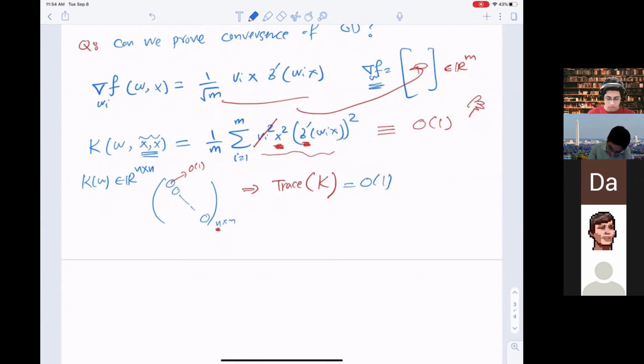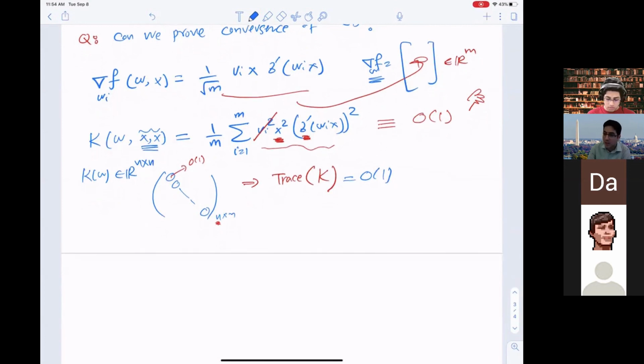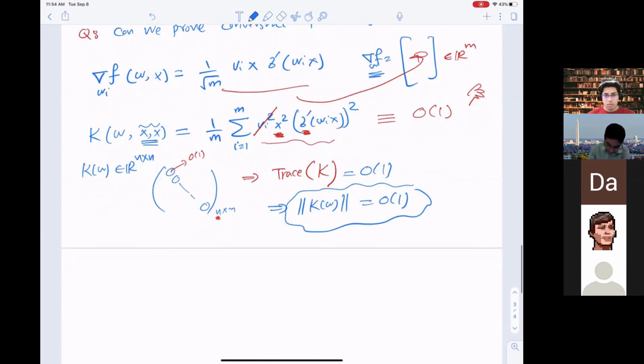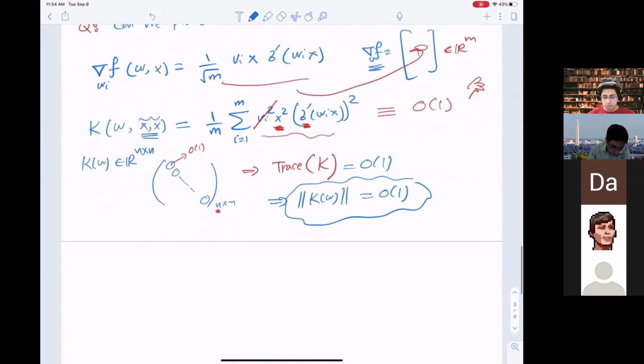So the trace is order 1, and we know the eigenvalues are bounded by the trace. So the eigenvalues of my tangent kernel will be order 1. That's a hand wavy argument, but you can make it very precise quite simply. So that's about my tangent kernel.